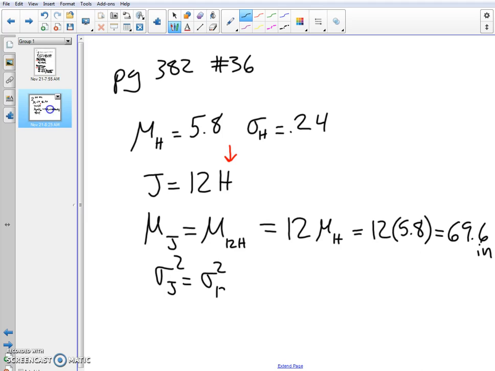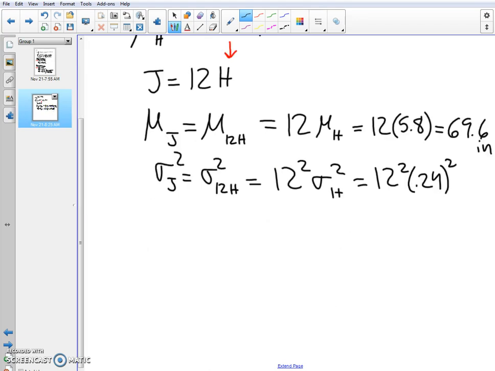I would need the variance of 12H, or 12 squared times the variance of H. I know the standard deviation of H is 0.24, so this would be 12 squared times 0.24 squared, which is 8.2944.